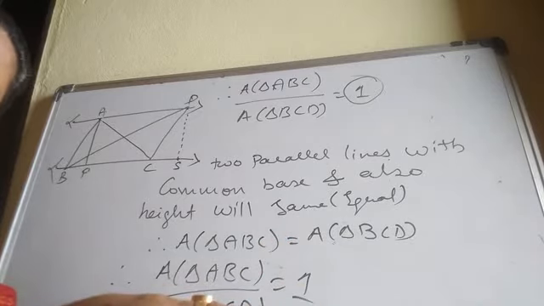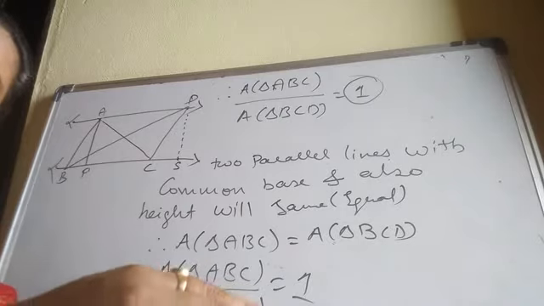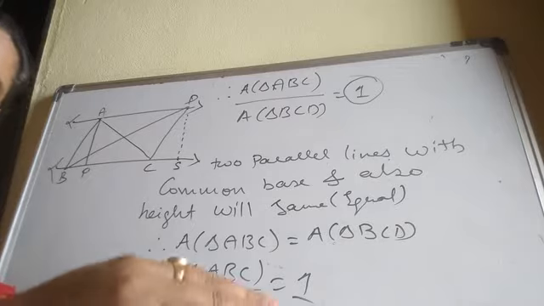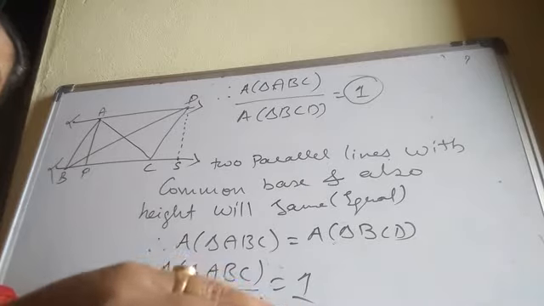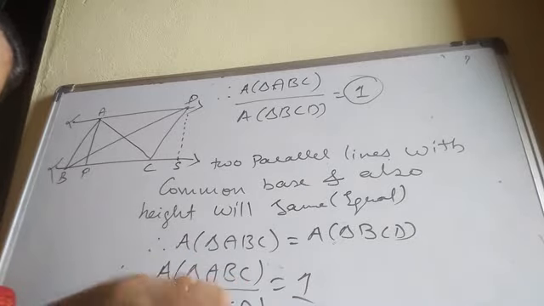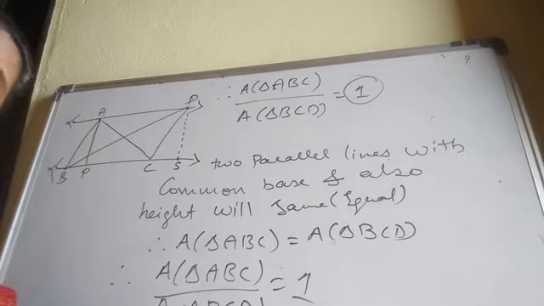First condition: ratio of areas of 2 triangles is equal to ratio of product of their bases and corresponding heights. In first condition, heights and bases are different.